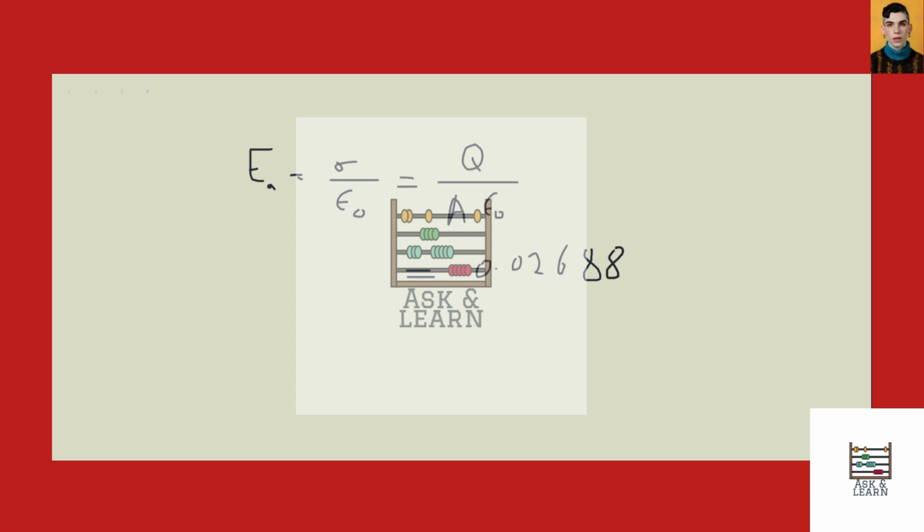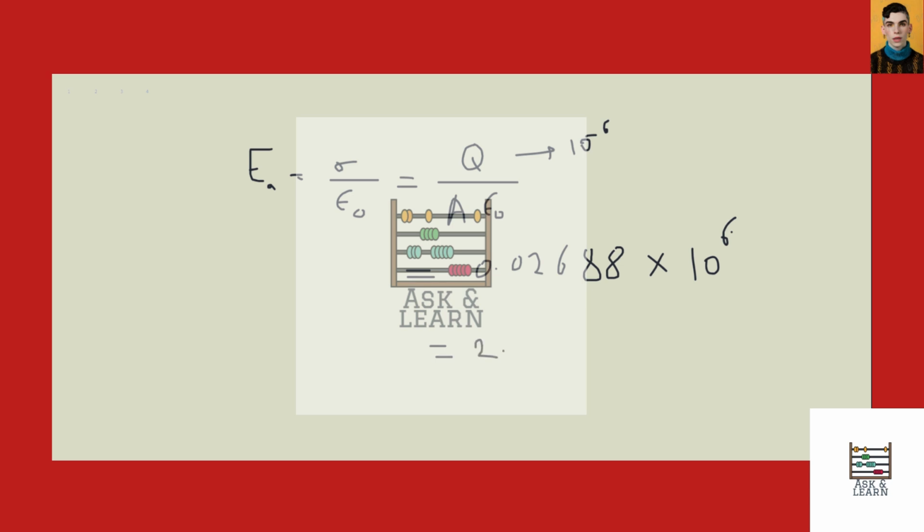Now this Q came with the factor of 10 power negative 6, and epsilon naught has a factor of 10 power negative 12. In the numerator it is positive 12, so 10 power positive 6. So that's the electric field that we have.